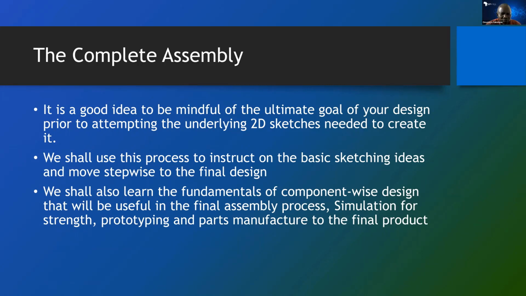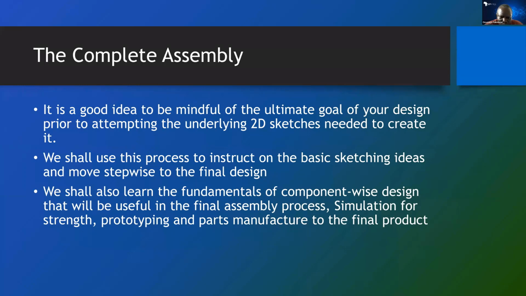We shall use this process to instruct on basic sketching ideas. We are going to do very, very simple sketches, and you will see how a very simple sketch can create very important and non-trivial 3-dimensional models. So that is what we are going to achieve in this class.